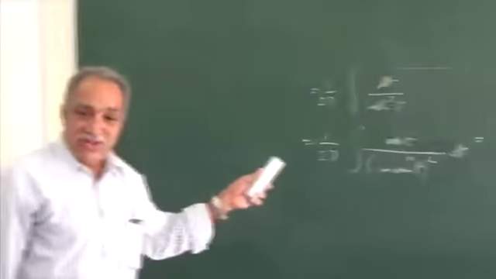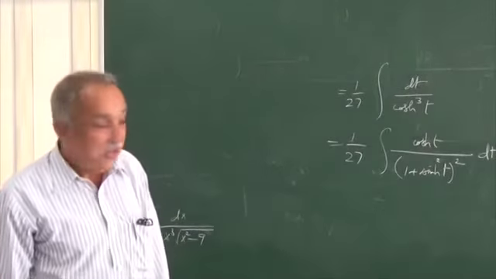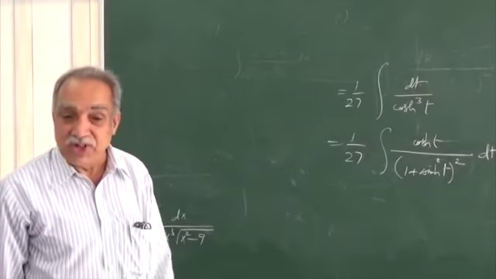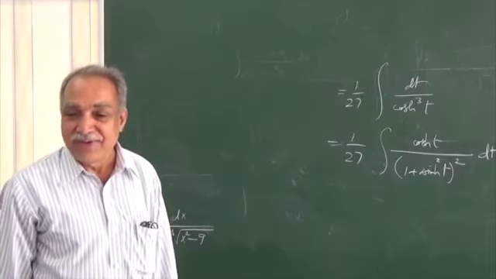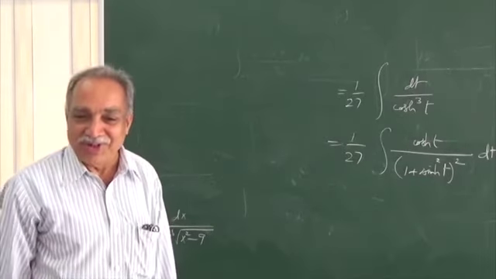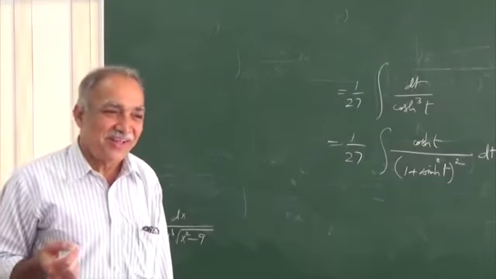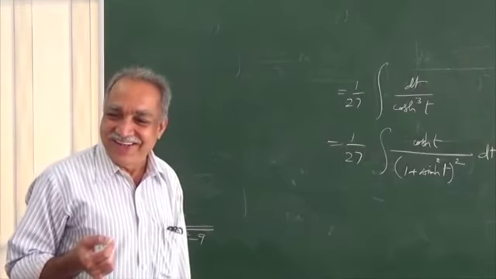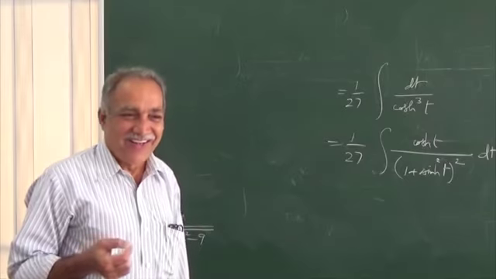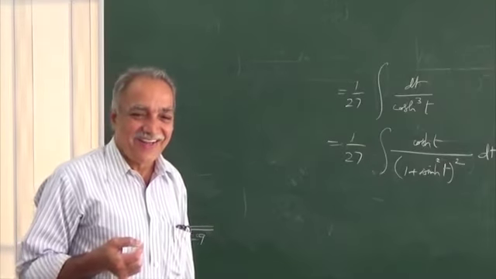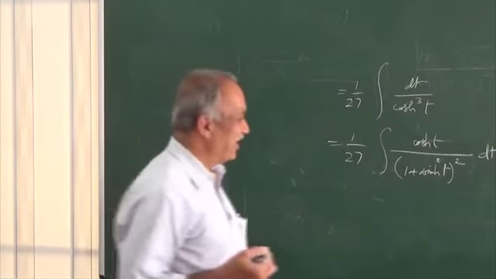Is this easily integrable now? dt by 1 plus t square whole square. I don't know whether it is integrable or not. dt by 1 plus t square whole square. You have a square.